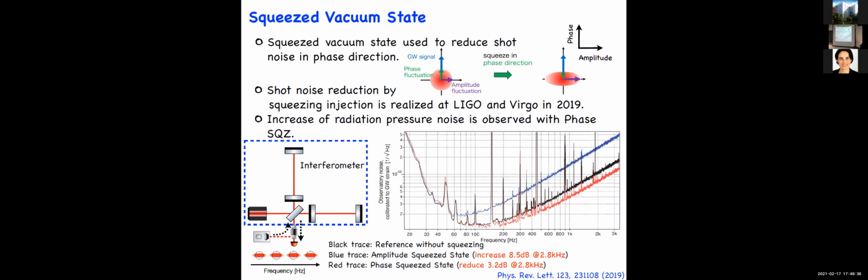Maybe I switch to Mandarin. Because the telescope is built ground based, however, we can't build a low frequency one, because the seismic motion limits the sensitivity in low frequency.